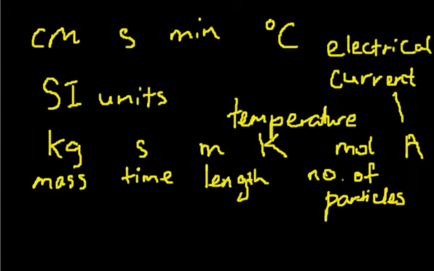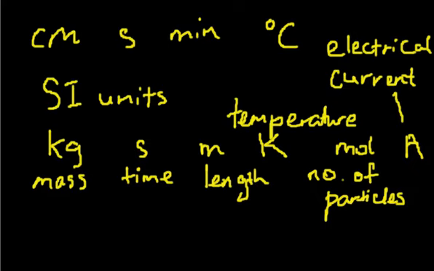Now, from these units, all other units in physics can be built up. Now, there is actually one more that I've not mentioned yet. It's called the Candela. That's about the strength of light. So I shall not talk about that for now.